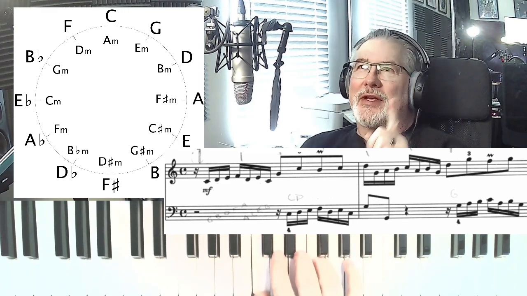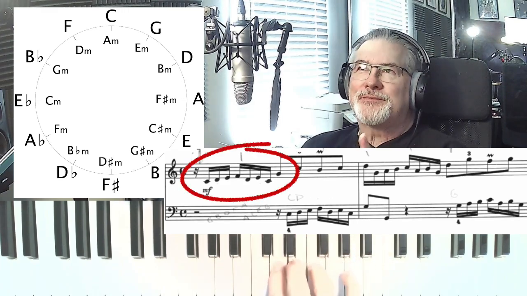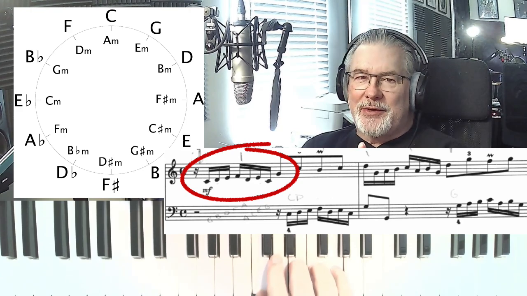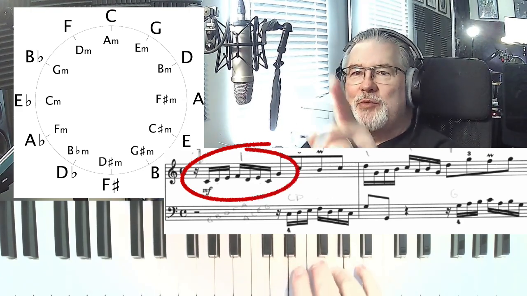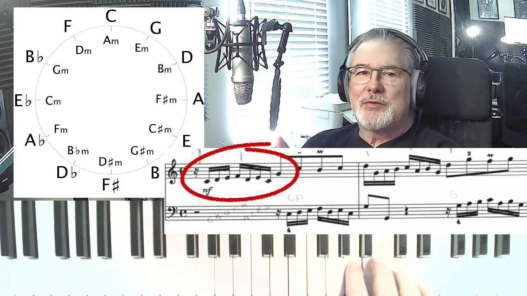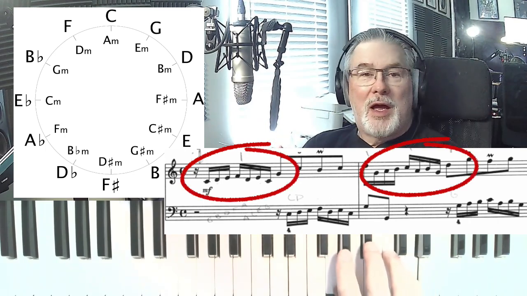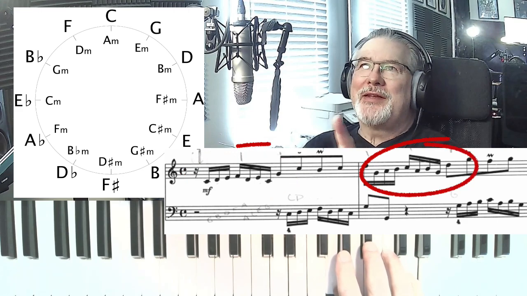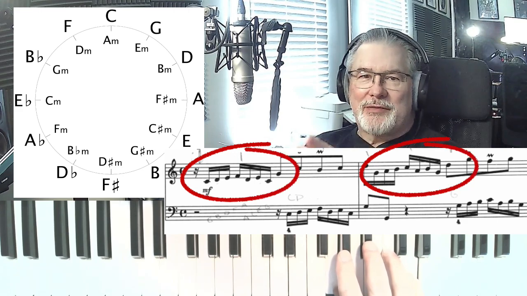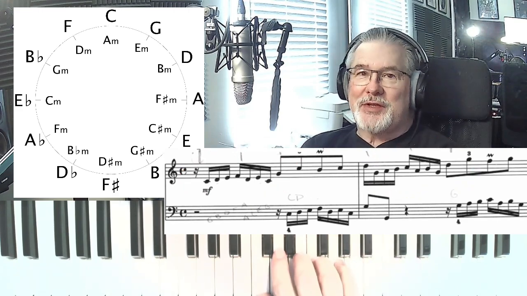So if you take a look at that, you see that's a pattern. Now he takes that pattern and he moves it up 5 notes. Wow, that is so cool. Then the other thing he does is he trades it back and forth between the hands. This starts off with the left hand.